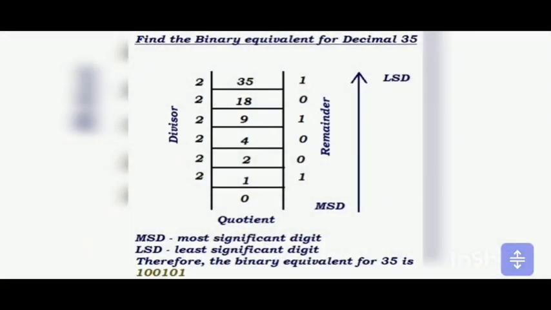MSD is the most significant digit and LSD is the least significant digit. Therefore, the binary equivalent for 35 is 100011. 35 is every time divided by 2, where the divisor is here, the remainder is on the right hand side and the quotient is on the below part. When we divide by 2, the quotient comes every time and we have to continue until the answer is 1 or 0.